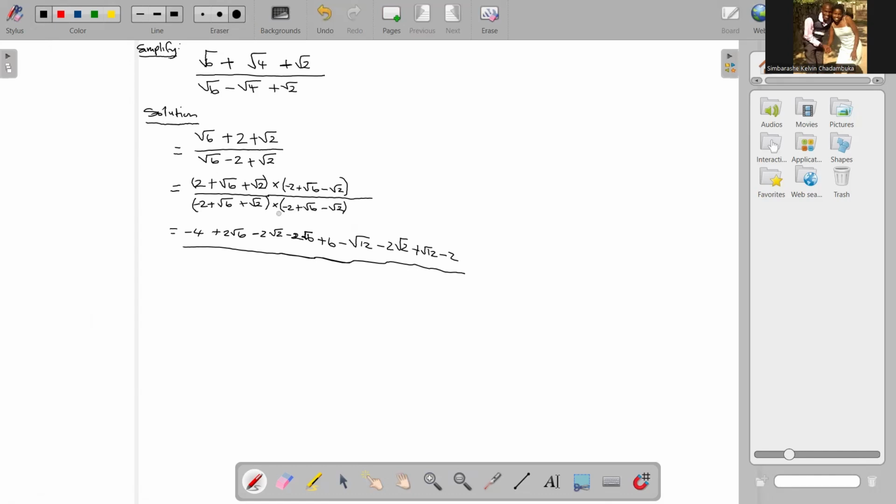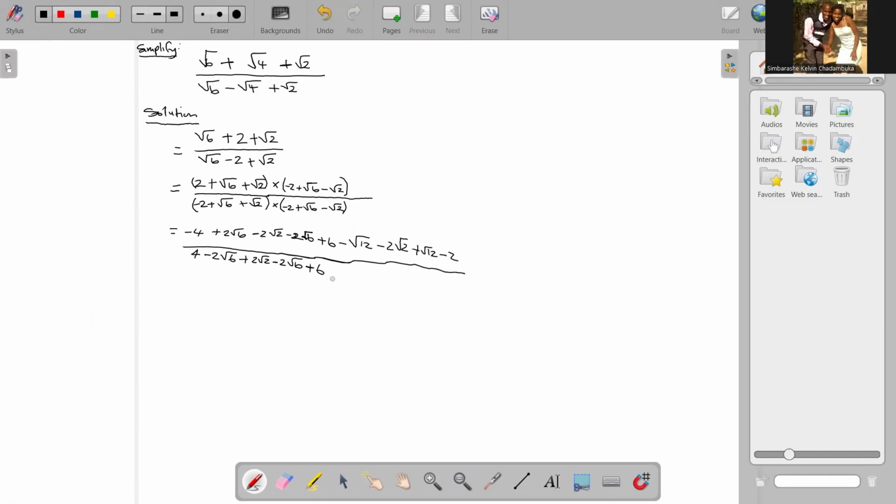Simplify this and this, we are going to have a 4, a negative 2 and a root 6. We are going to have a negative 2 root 6. This and this, we are going to have a positive 2 root 2. Then this and this, we are going to have a negative 2 root 6. Then this and this, we will have a positive 6.